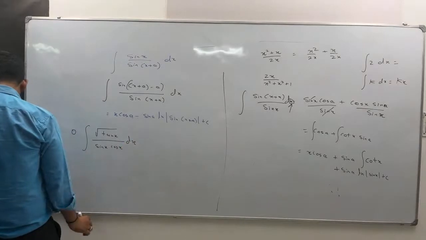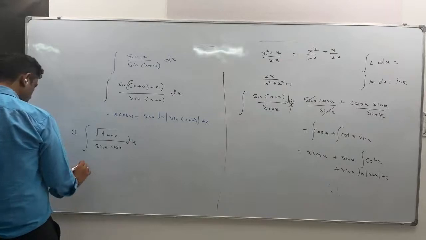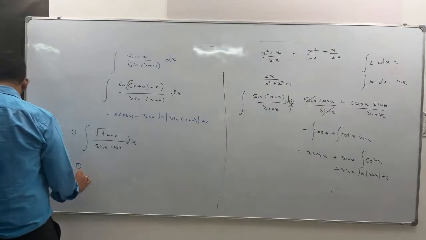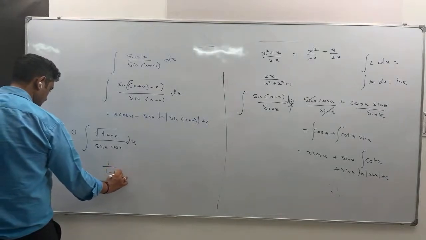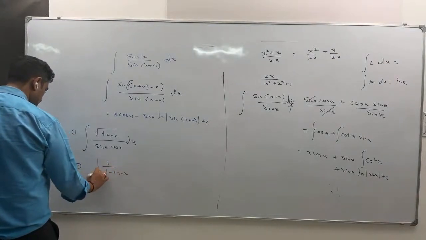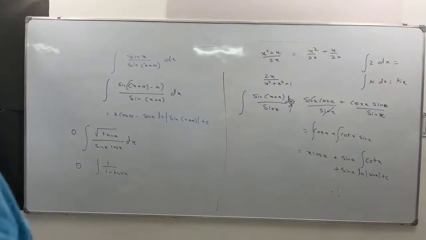Try out this one, and once you are done with this, try out this one. Now the important part is, if you're not getting any substitution, or if you're getting some other idea and you feel why it is not working, let me know.